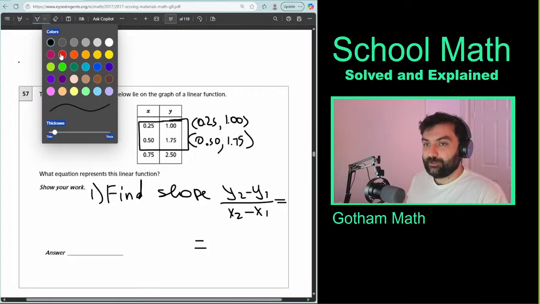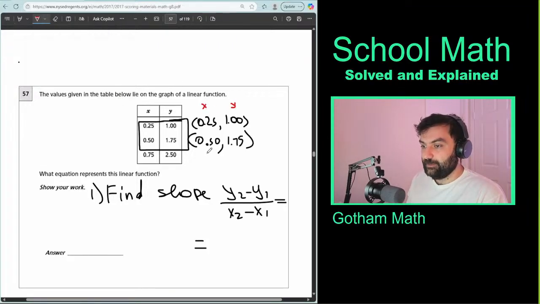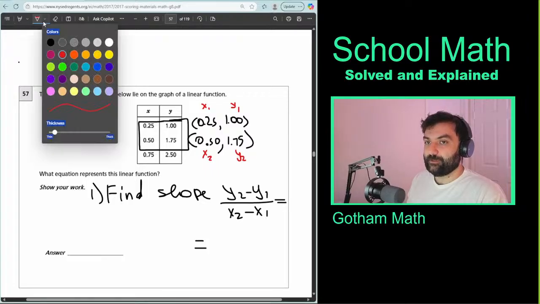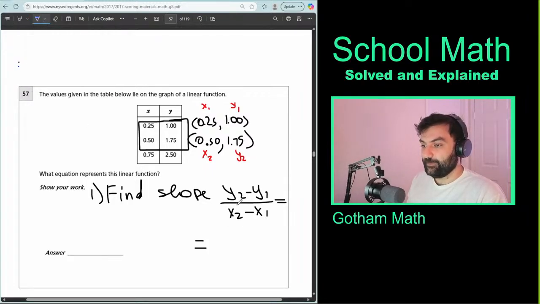And then you mark them as x and y, and you put 1, 1, and here you put 2, 2. And then you plug them into this formula. So let's do it. y2, 1.75, minus y1, which is 1, over 0.5 minus 0.25, which is 0.75 over 0.25, which is 3.